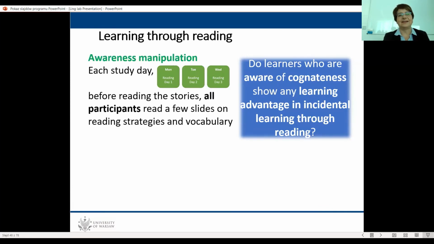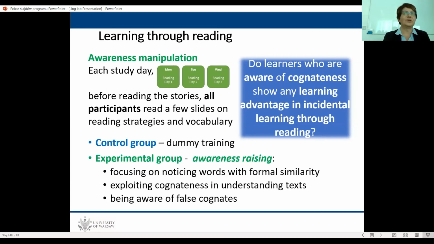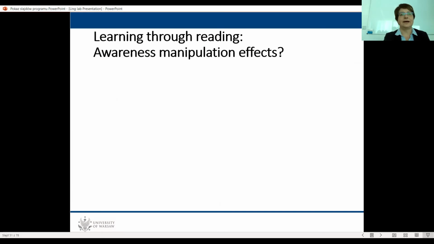And we manipulated one thing: all participants, before reading the stories, had to go through some reading strategy slides and vocabulary learning strategy slides. In the control group, they did some dummy training, and in the experimental group, they had their awareness raised by focusing on different types of words, and exploiting cognateness and false cognateness.